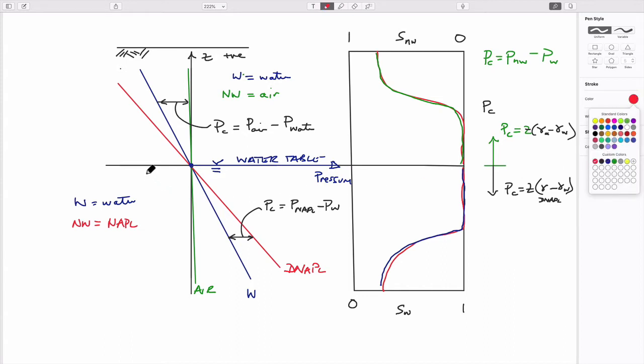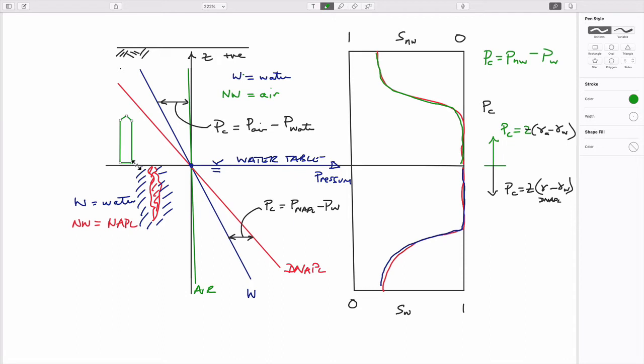So for instance, you could think of this as looking like a ganglion of DNAPL that sits inside water, around it. And above here, you could think of this as being air that exists all the way up here, that sits inside water.